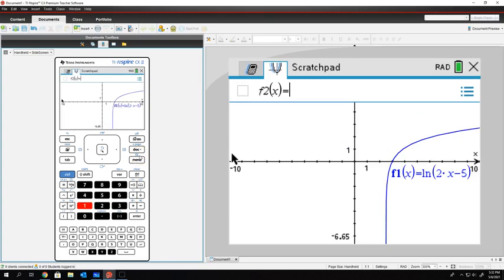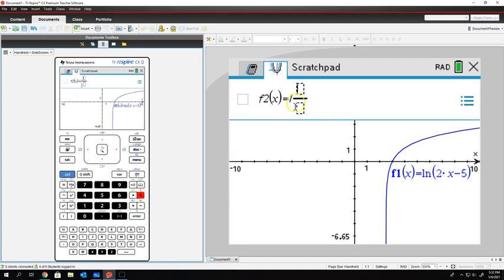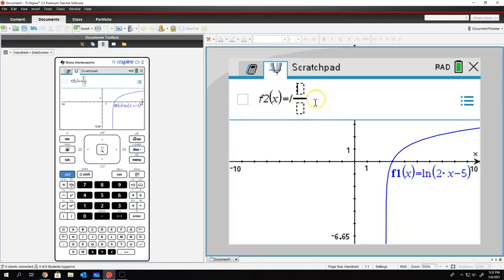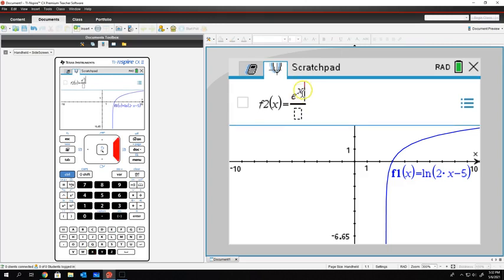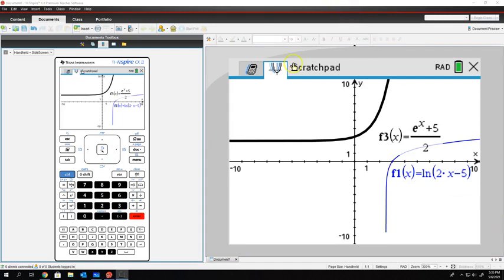The other one, our inverse that we found, was e to the x plus 5 all over 2. So here are our two functions.